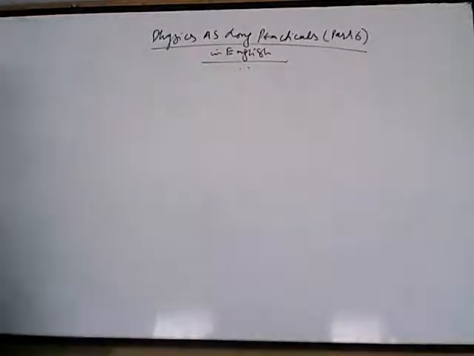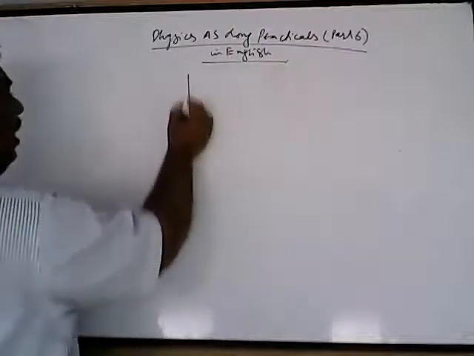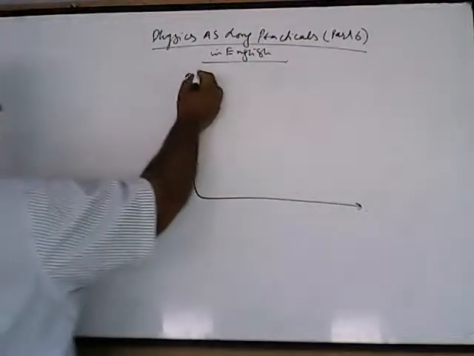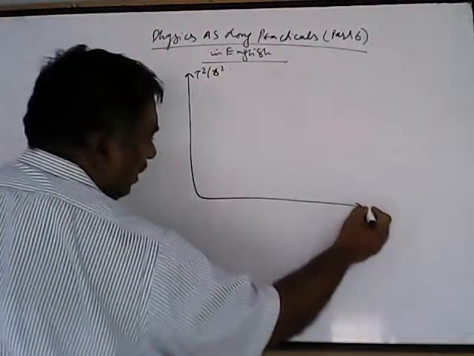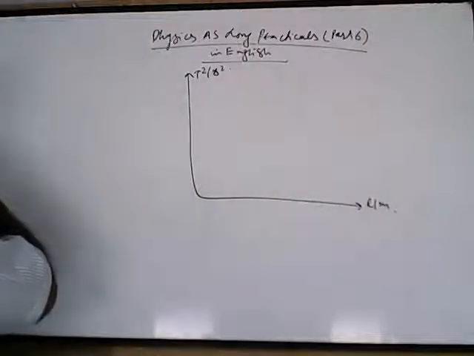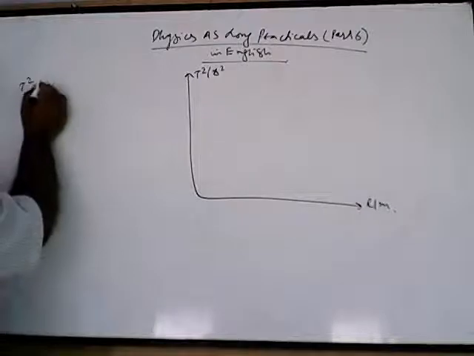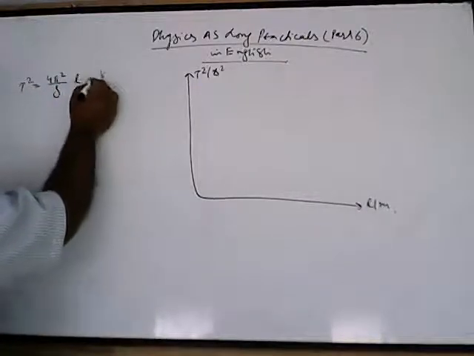Suppose in the case of the pendulum, these are just supposed values. This is t square in second square, and this is L in meters. And suppose the equation given is this one: t square is equal to 4 pi square upon g L plus k.